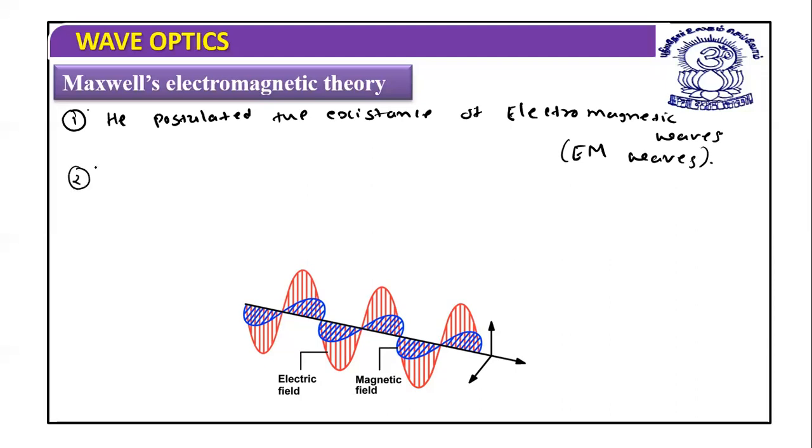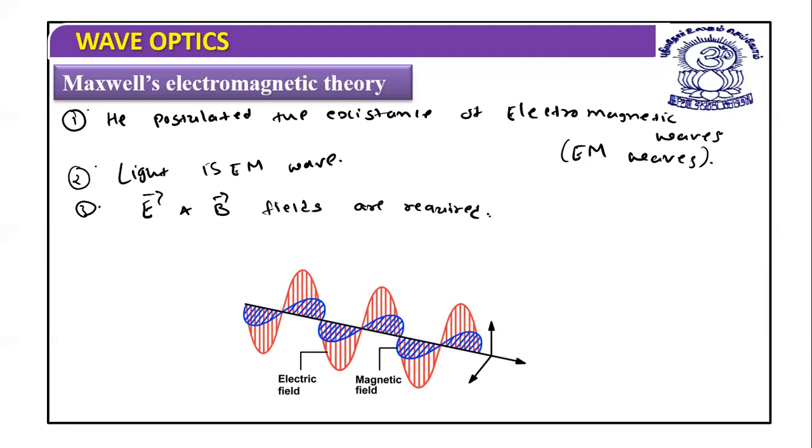In this theory, light waves are assumed to be electromagnetic waves. And for the propagation of EM waves, electric field and magnetic field are required.